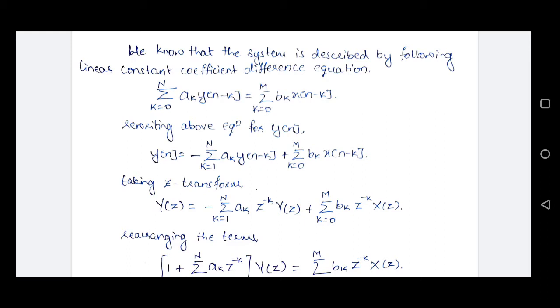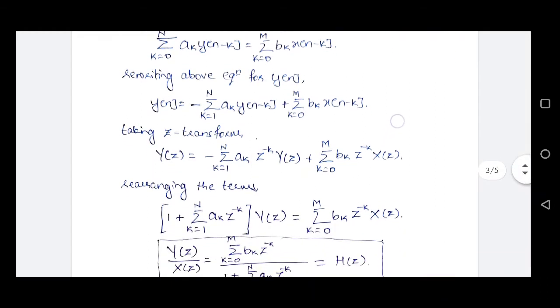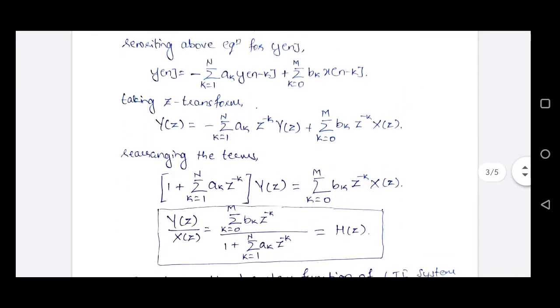Now taking the z transform of this output y of n, we can represent it in the z domain as follows. Z transform of y of n will be y of z minus summation k equals 1 to n, constants ak will be represented as it is, and z transform of y of n minus k, where y of n minus k is delayed output terms.